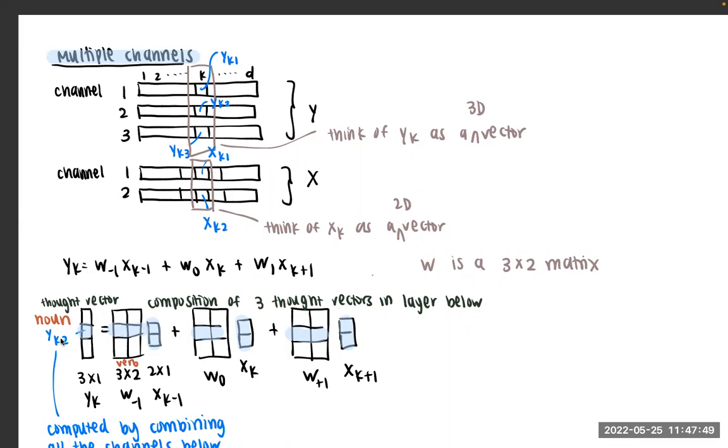And we sum them over, we get this 3 by 1 vector. So now you see that again, we introduce the vector notation, but this time we have a vector defined at each position.